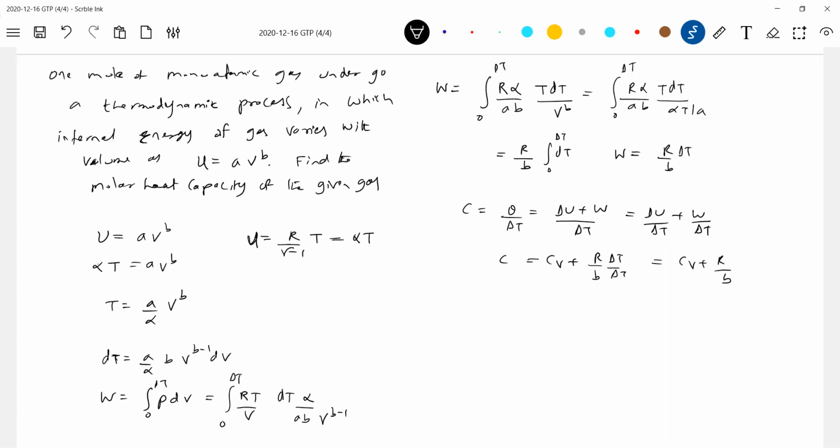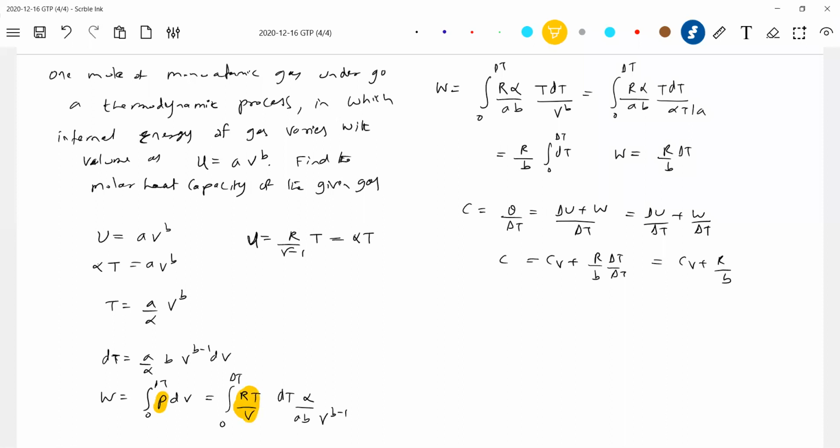Let internal energy vary with any quantity. Sir, internal energy varies with work done. Let it be, no problem. We can manage. Whatever equation he gives, who are the best friends that will help you? First law of thermodynamics is one. Molar capacity definition. Ideal gas equation. Okay, are you seeing this? I'll just put it so that it will be easy for you.